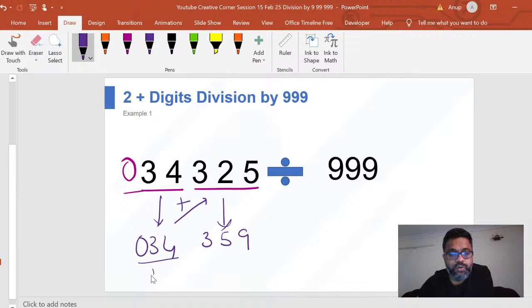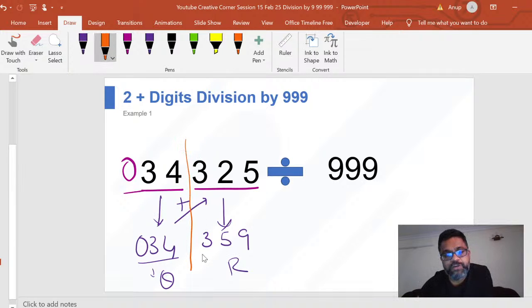So this is your quotient and this is your remainder. And don't forget, you can draw that line here because this separates your quotient and this separates your remainder. On this side you get your quotient, on this side you get your remainder.